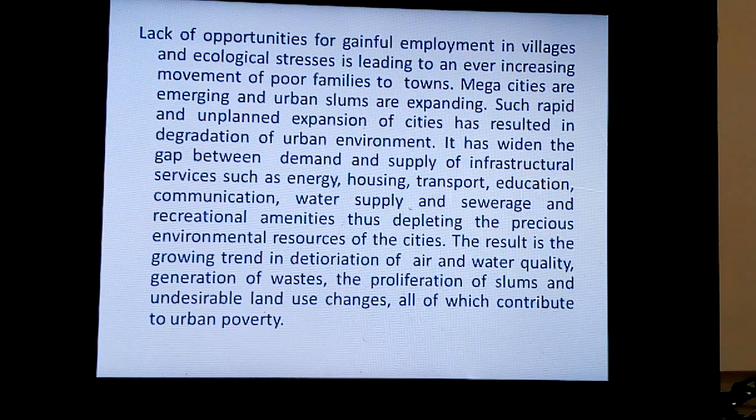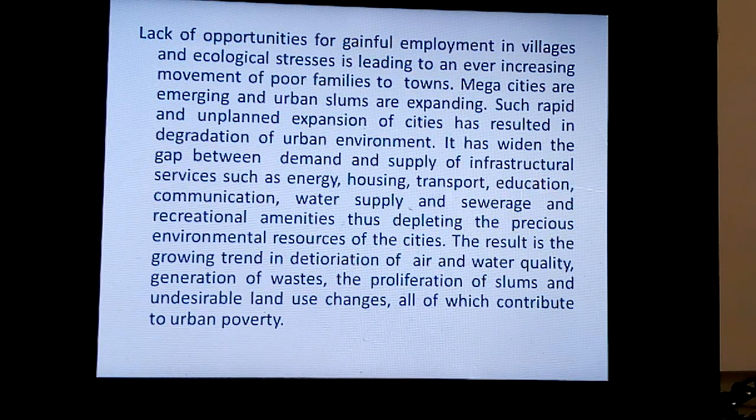and that causes urban environmental degradation. It has widened the gap between demand and supply of infrastructural services such as energy, housing, transport, education, communication, water supply and sewerage and recreational amenities, thus depleting the precious environmental resources of the cities.